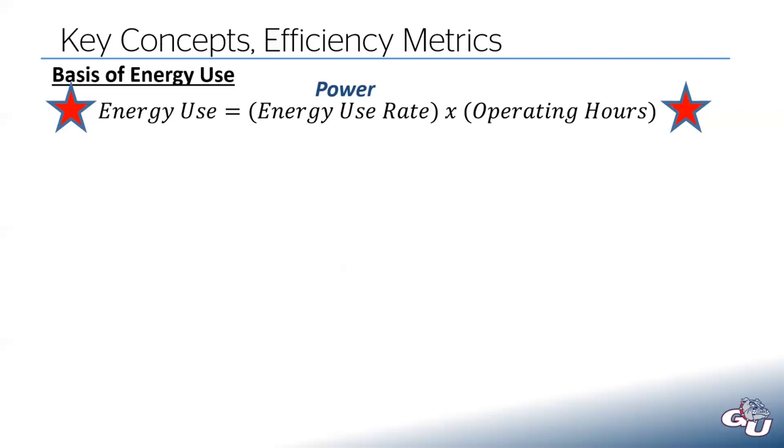And then our operating hours, so that's going to be our time component. So we have an instantaneous component to this equation. That's going to be our power. And then we have the time component, where if we have some power over a certain amount of time, that's going to result in some kind of energy use.